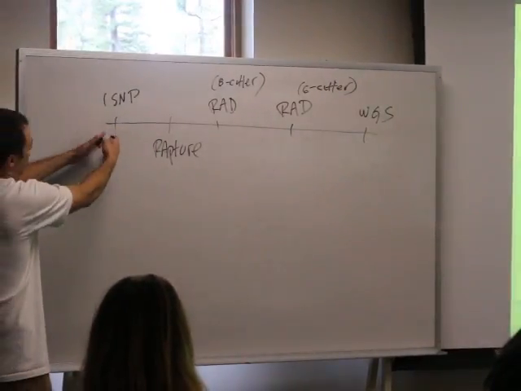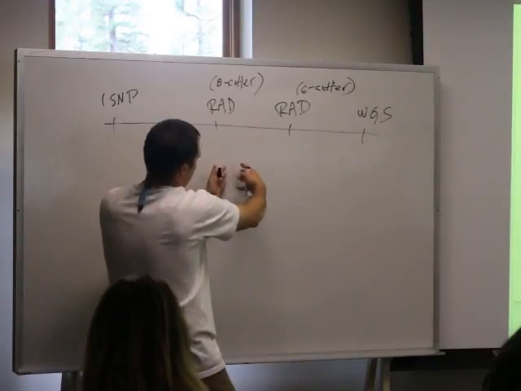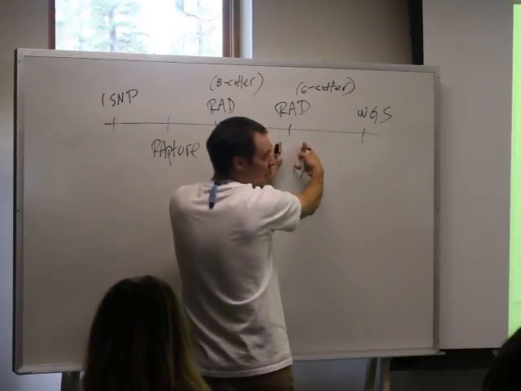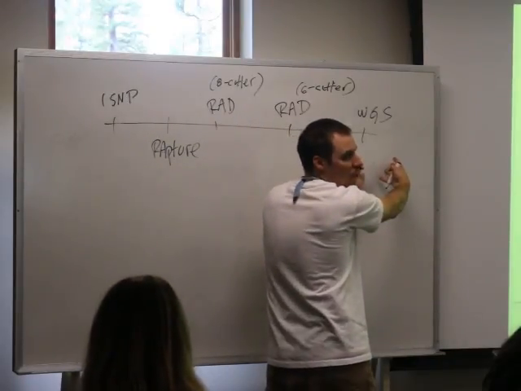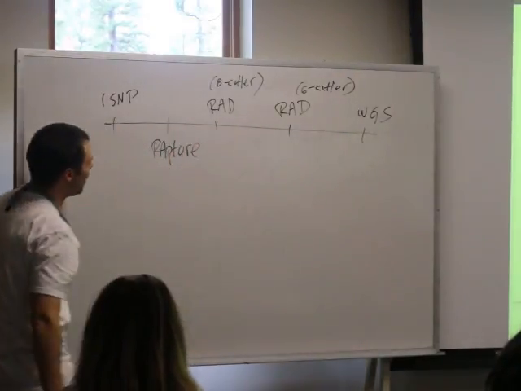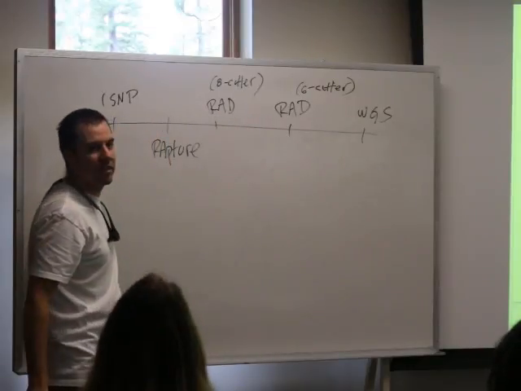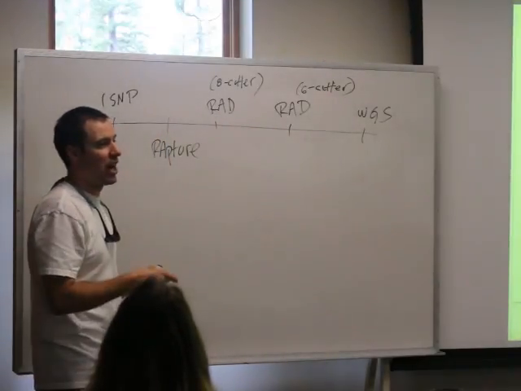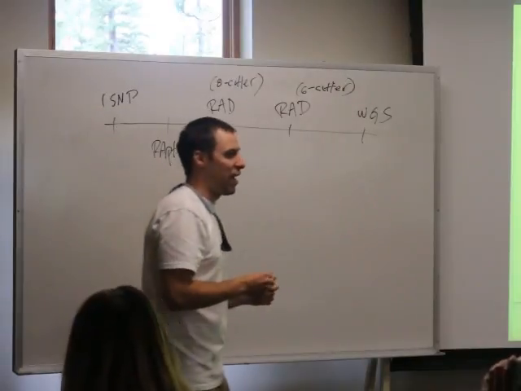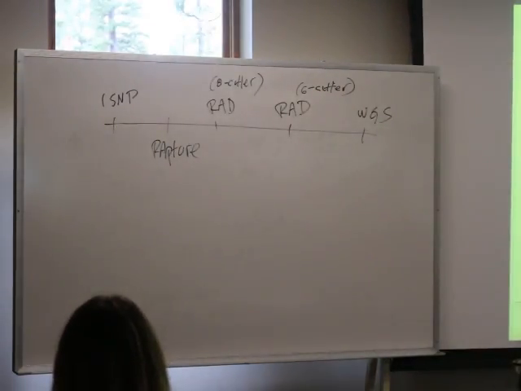So, maybe one SNP, a couple thousand SNPs, 50,000 SNPs, 2 million SNPs, the whole genome. These numbers depend on genome size and this kind of thing. But using these different methodologies, we have a pretty nice continuous resolution of genetic information depending on, again, the question and the budget for samples. Okay?